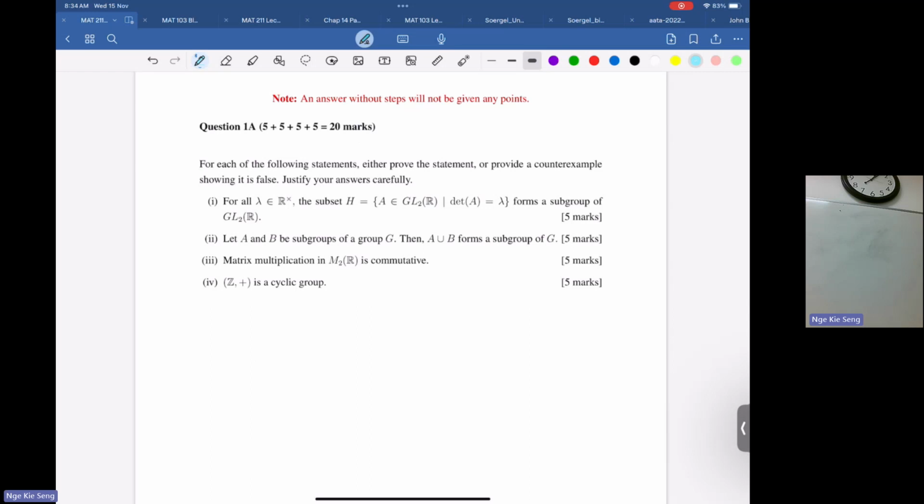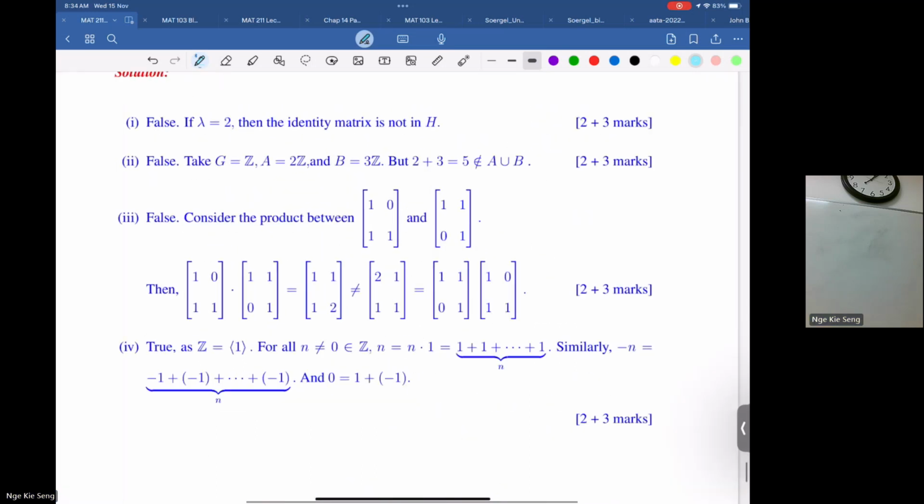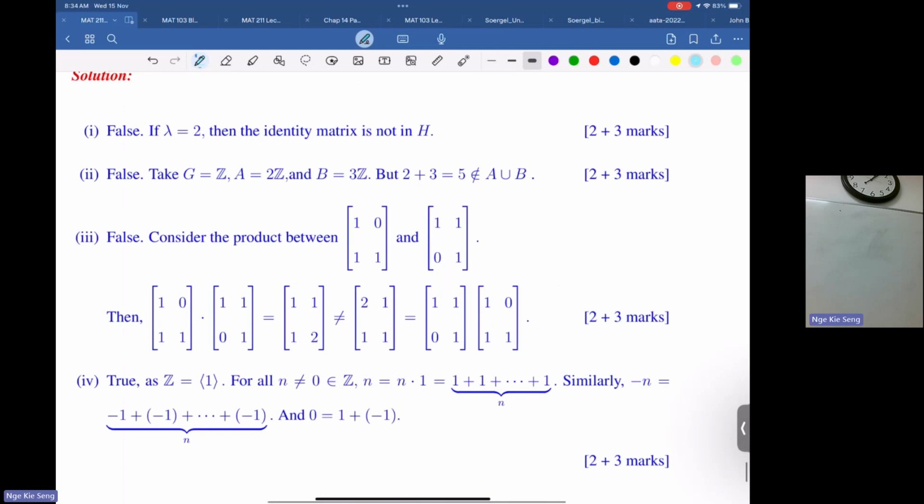Group generated by one. Okay, I'll show you the steps. You can have a look, and if you want to ask questions, you can ask. You can try and compare with your own answer and see how to improve yourself.